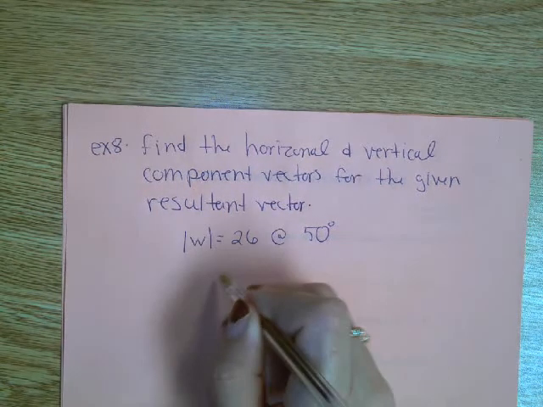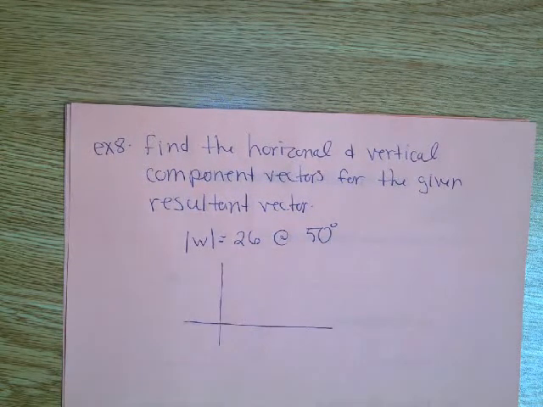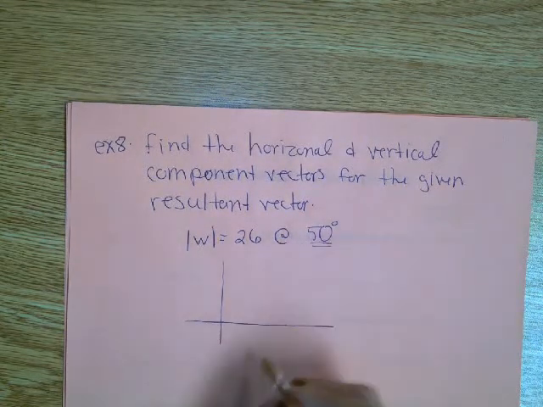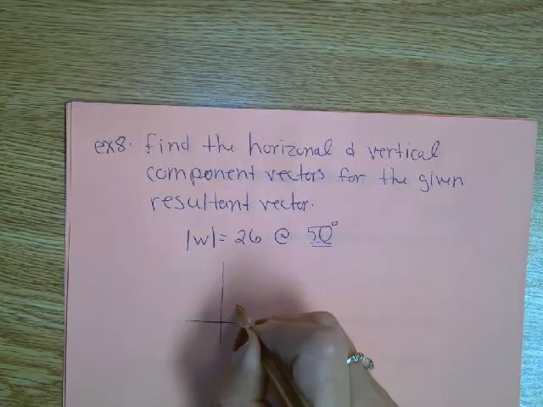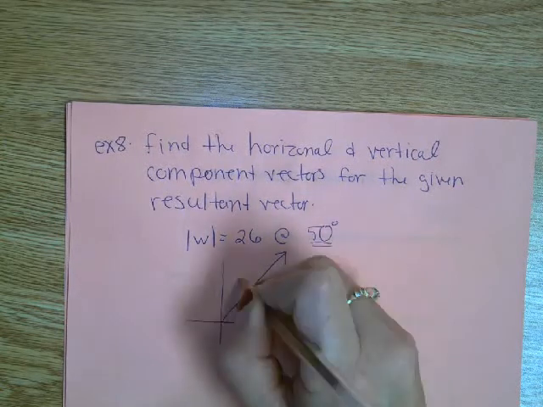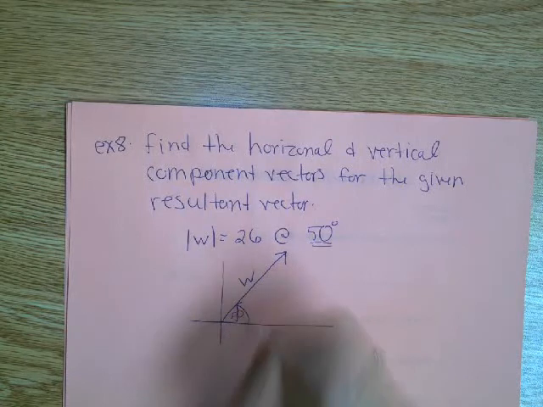So what you're going to do is put this on a coordinate plane so you can see it a little bit better. So 50 degrees means from due east, counterclockwise, 50 degrees. That's vector W. This is 50 degrees.